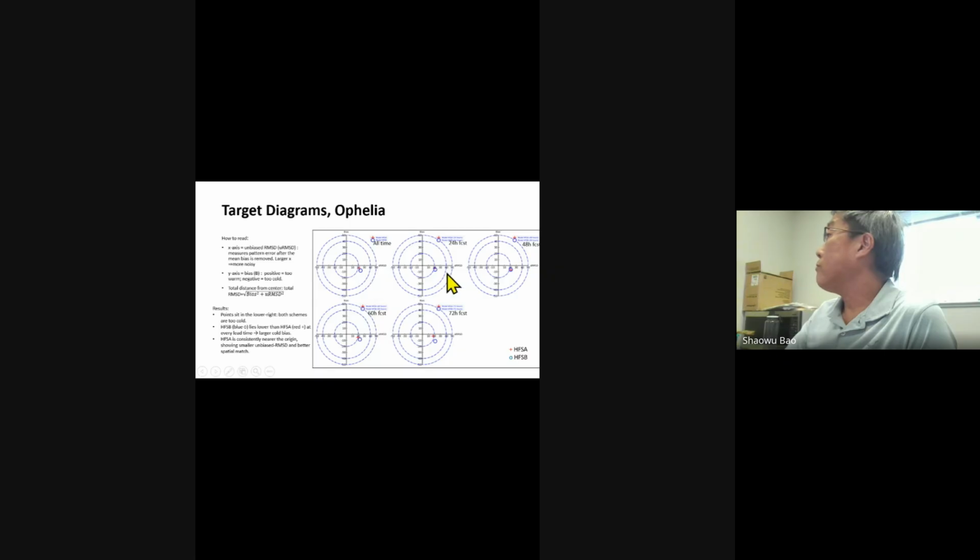We can see both models have a cold bias, they are negative on the y-axis. But for a range of the forecast time, HAFS A and HAFS B are quite mixed. They are almost on top of each other.